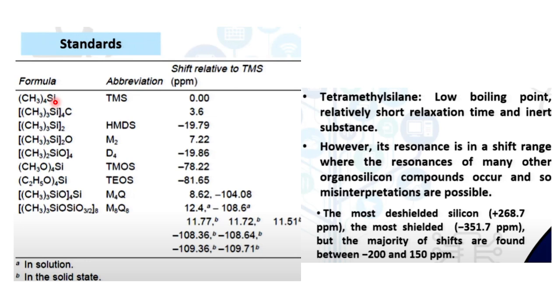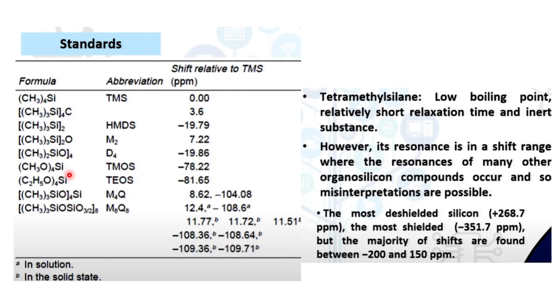If you use TMS as a standard for silicon NMR, the problem is that other peaks will also come around that TMS. That's why it will be difficult to analyze, or you may misinterpret the spectrum. So that's why you should go for other, different standards.